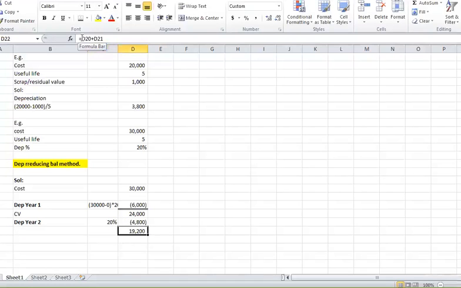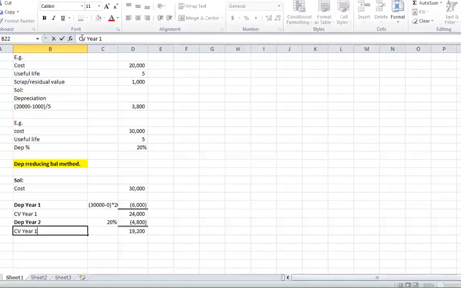Once again, this is carrying value at the end of year number 1, and this is carrying value at the end of year number 2. And in the same way, things will go on.